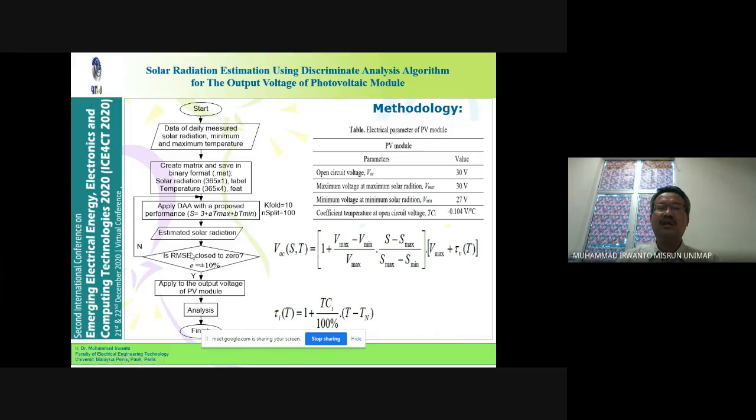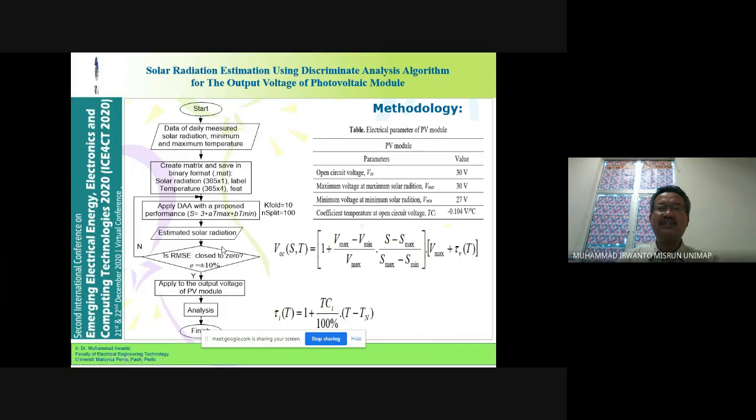If the RMSE is close to 0, it indicates that the DAA has good performance to estimate solar radiation. And if the percentage error is in the range of plus or minus 10%, it indicates that the DAA is acceptable to estimate the solar radiation.